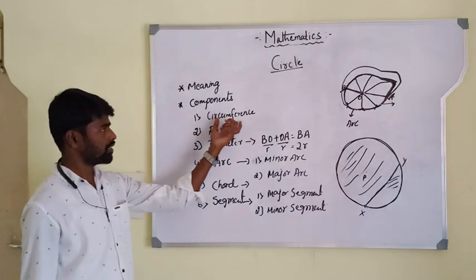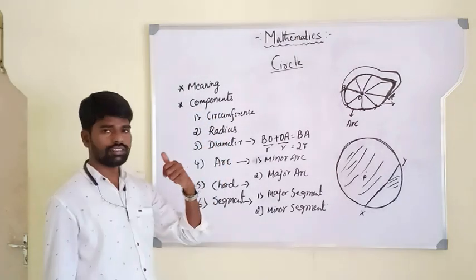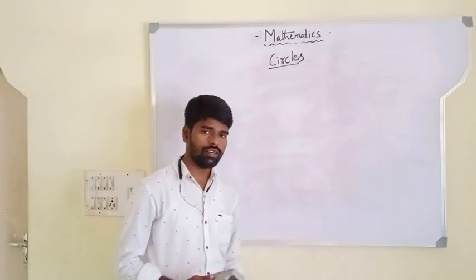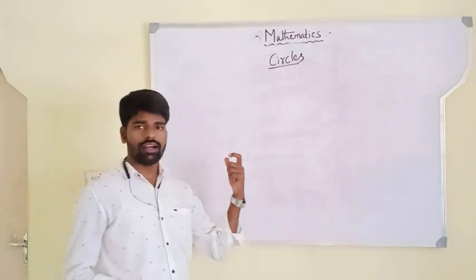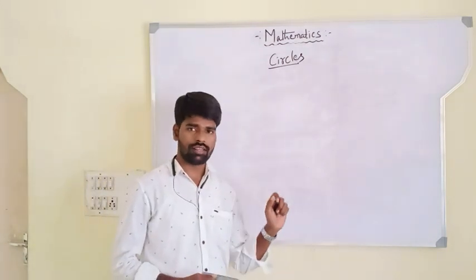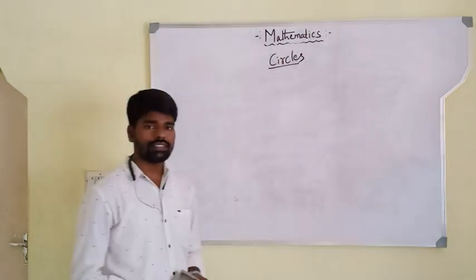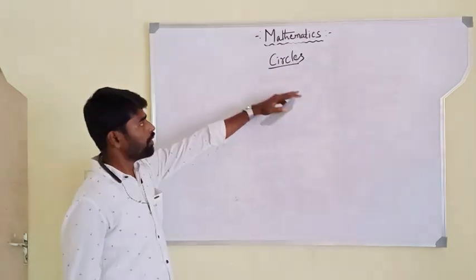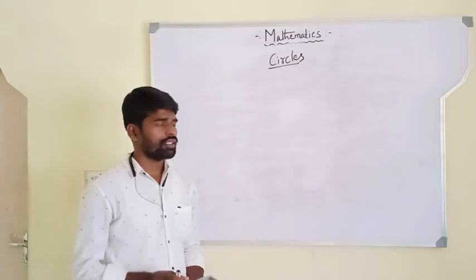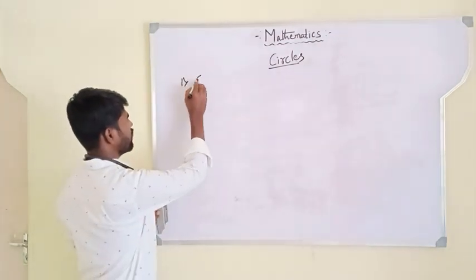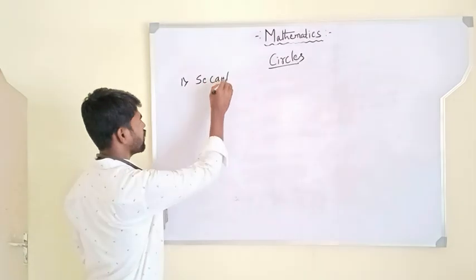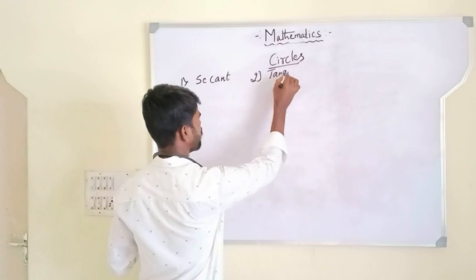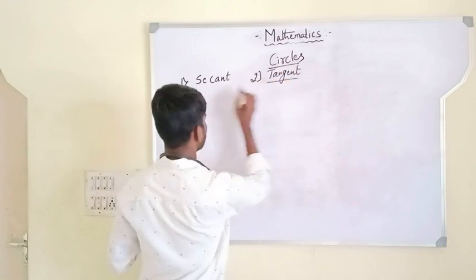These are all about components of the circle. So first we discussed center, circumference, radius, diameter, arc, chord and segment. Now we discuss one of the important concepts related to the circle, the main pillar of this chapter: secant and tangent of the circle.